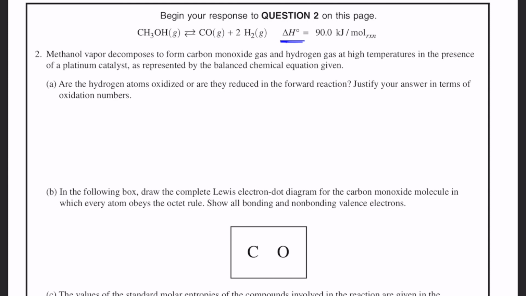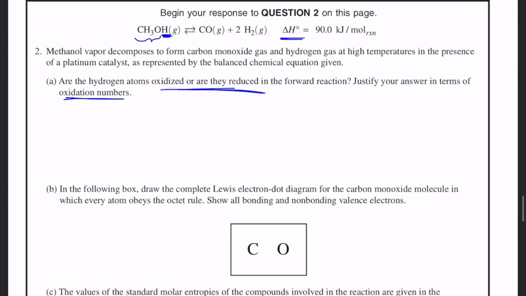Part A asks if the hydrogen atoms are oxidized or reduced. In order to figure that out, we need to think about oxidation numbers. Here we can see that the hydrogen on the reactants side is bonded with nonmetals. Because of this, the rule is that hydrogen is going to have an oxidation state of +1.